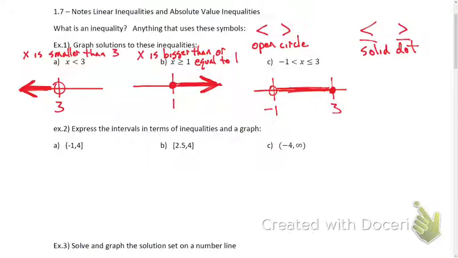All right, now we have a different type of notation, same idea though. So if you see parentheses, we're going to do an open circle. If you see brackets, let's do a solid dot.